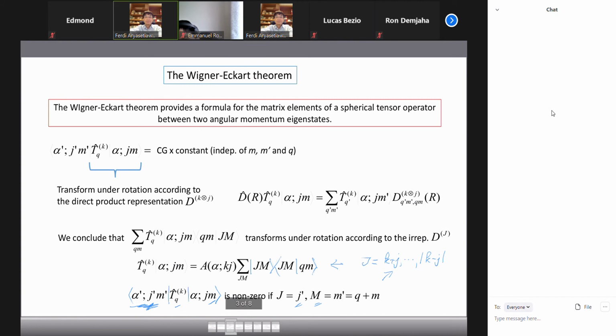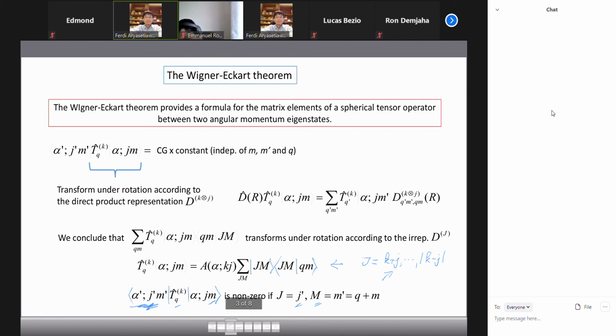It's a very useful formula because instead of blindly calculating the matrix elements and then discovering that they're identically 0, we can analyze this before we do the calculations. Then we know that certain matrix elements are 0, so we don't need to calculate those matrix elements. Yes.